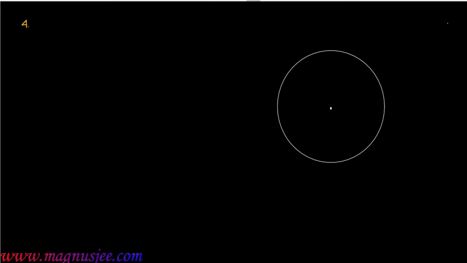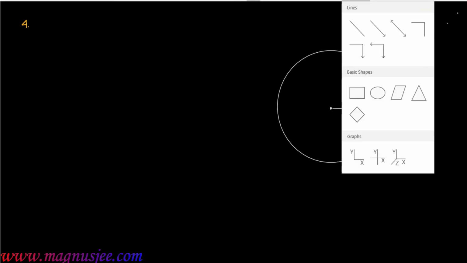Number 4 topic. Here in the diagram we have a sphere, a 3-dimensional body. This is the radius of the sphere, and a small portion of the sphere will be removed, and the remaining portion will be a truncated sphere.